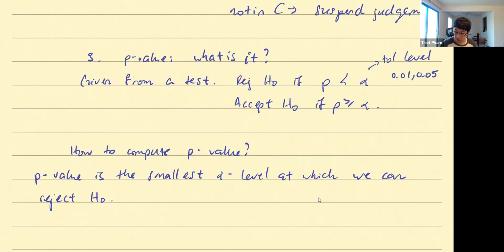I hope this definition is understandable to anyone who has seen this alpha discussion in this class before. Or if you want, this is the type 1 error level.